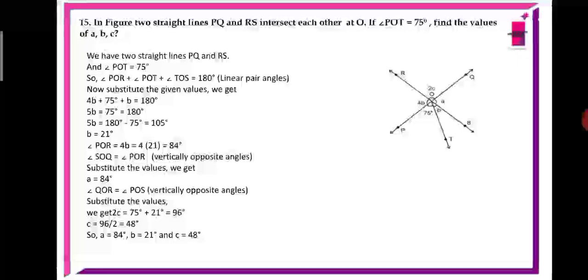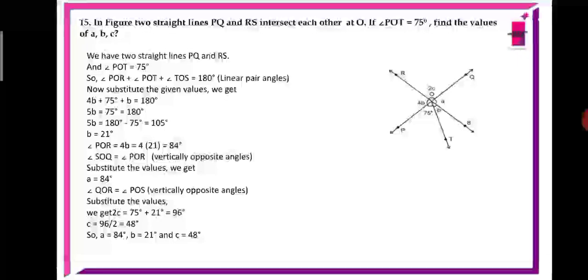Now substituting the values, we get 4B plus B plus 75 equals 180 degrees, or 5B equals 180 minus 75, which is 105, then the B value equals 21 degrees. Now angle POR equals 4B, which equals 4 into 21, which equals 84 degrees.